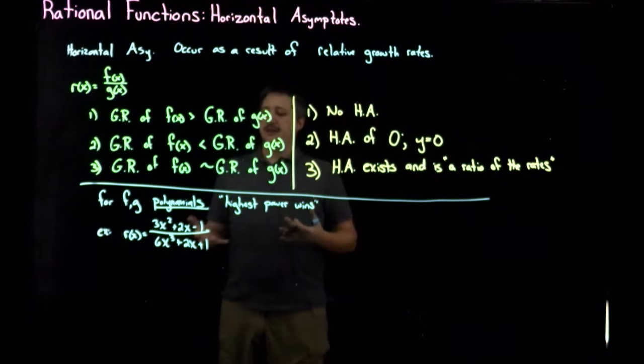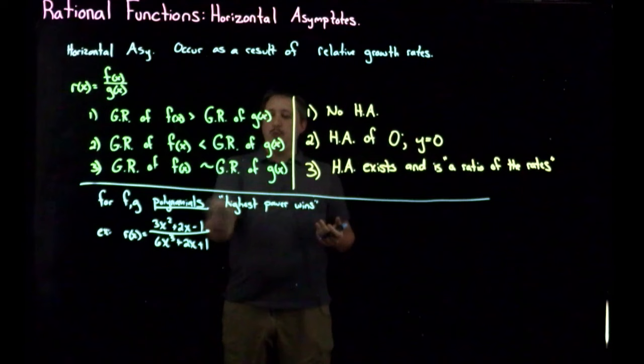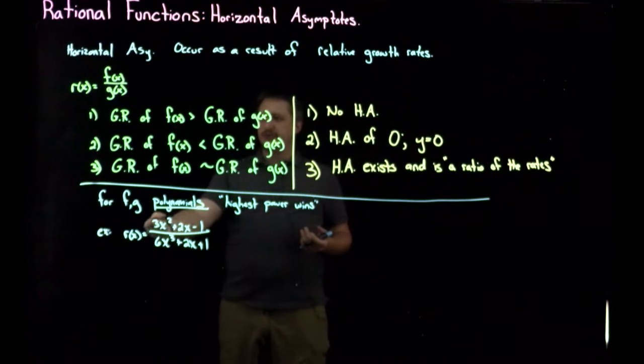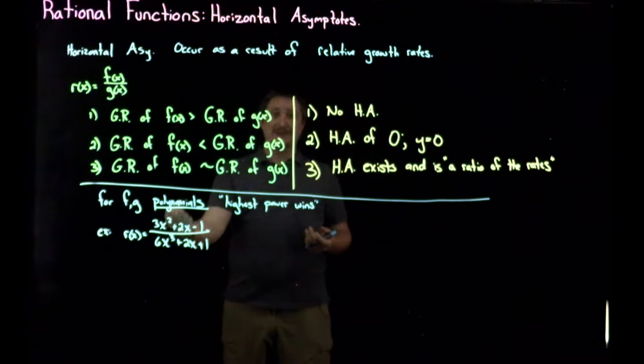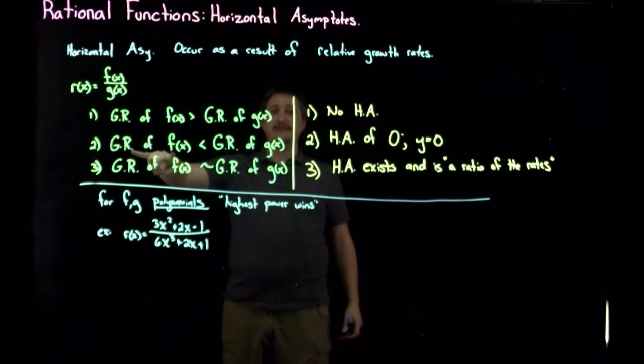So the argument here is the growth rate for a polynomial is essentially dominated by that leading term. So here at the top, the f piece has a growth rate equivalent to some x squared. The bottom is some x cubed, right? X cubed wins, it's a bigger power. And so that tells you that the growth rate of g, the bottom, is the bigger thing compared to the growth rate of the top, of the f.